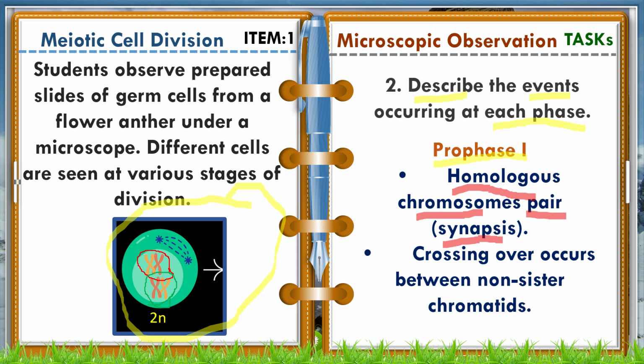Then, at the same time, crossing over occurs between non-sister chromatids. Now, I want us to look at this one very carefully.